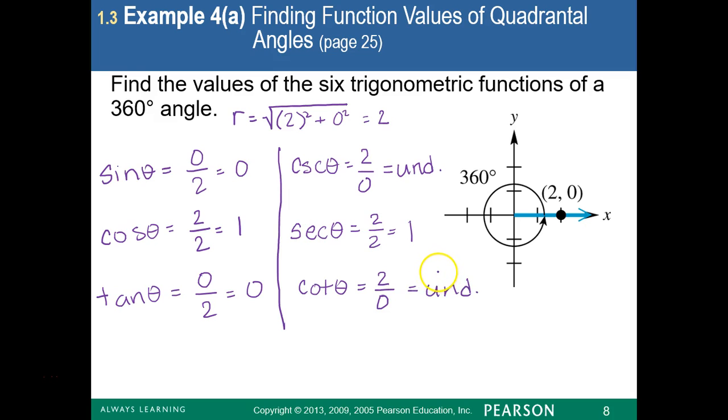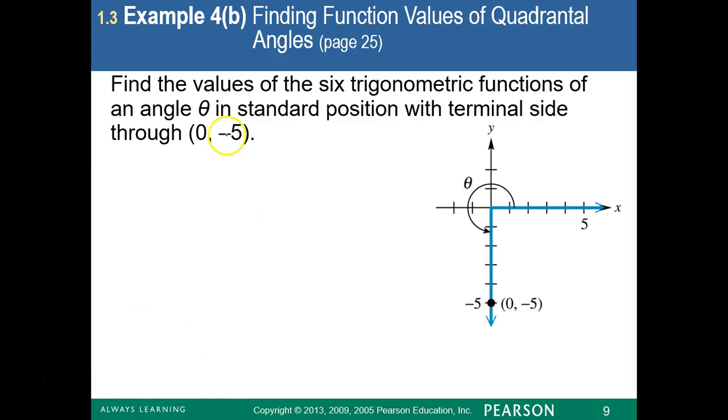I'll show you a page here in just a minute that shows the values of all 6 trig functions of all quadrantal angles. And you'll see that there's a pattern that develops here. Okay, so again, this is a quadrantal angle of 270 degrees.